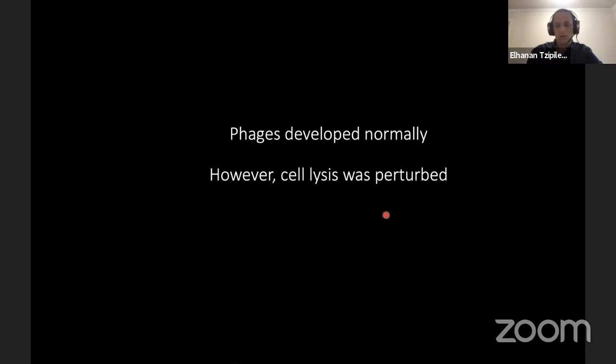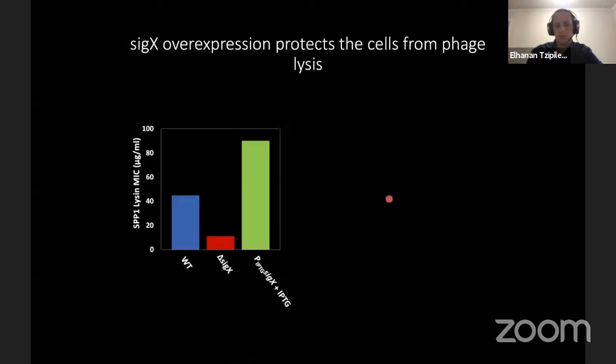So to directly explore the possibility that sigma X can protect the cell from lysis, we utilized purified SPP1 lysin, and you can see here that overexpression of sigma X confers resistance to purified SPP1 lysin, and interestingly, sigma X knockout enhances sensitivity of the cell to purified lysin as judged by minimal inhibitory concentration.